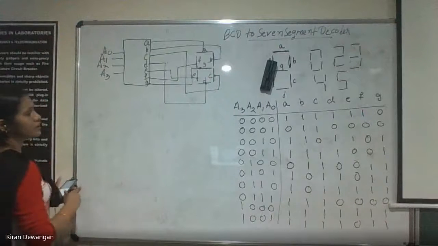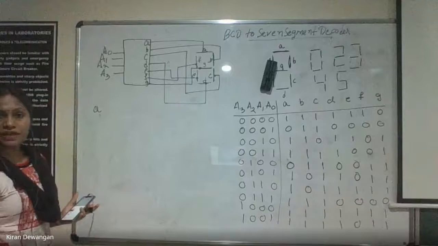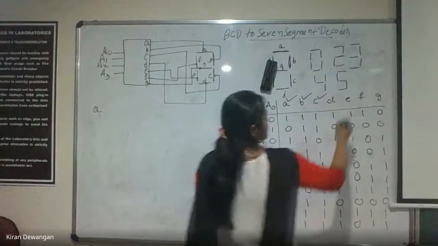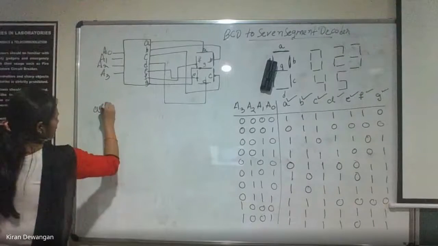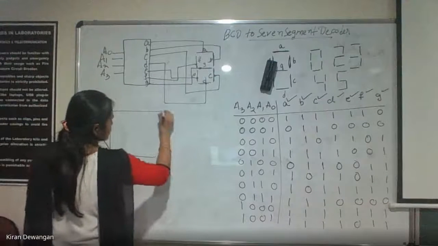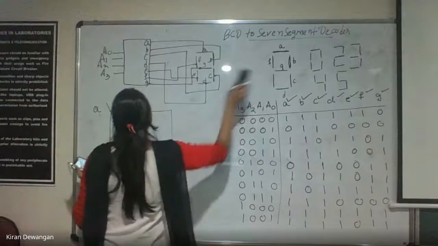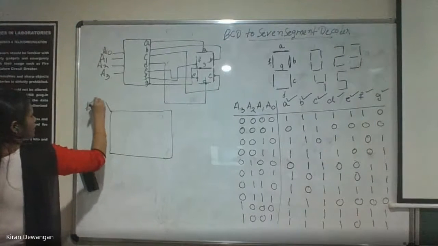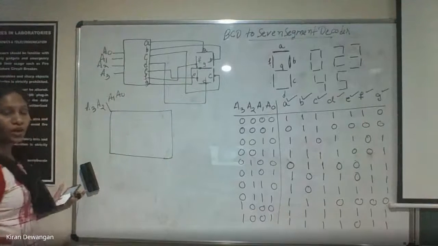Now to design it, we need to write the expression for all the outputs A, B, C, D, E, F, and G. For A, we'll do with K map. What are our input combinations? क्या है input combination? Input combinations are A3, A2, A1, and A0.